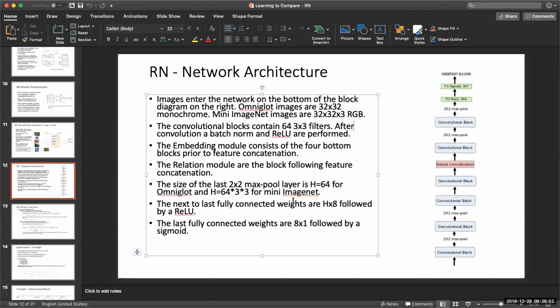If it's Omniglot, H is 64, whereas if it's ImageNet, it's 64 by 3 by 3, so it's larger due to the color planes. But still, this entire fully connected network is small, much smaller than the fully connected network of VGG.